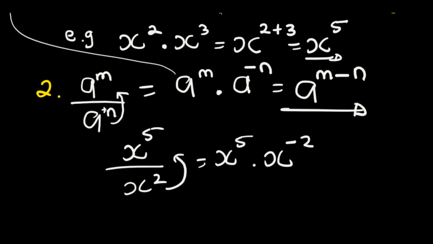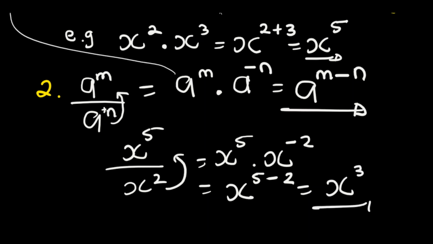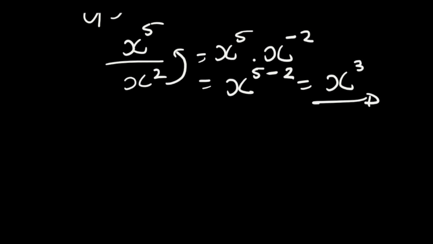So now we're having same bases, and then we add the exponents. So we'll take one base because they're the same, and then we say to the power of 5 minus 2. So it's going to be x to the power of 3. So now I guess you understand the second theorem. It's really critical for us to understand the theorem so that we'll be able to apply the problems that we're going to do later on.